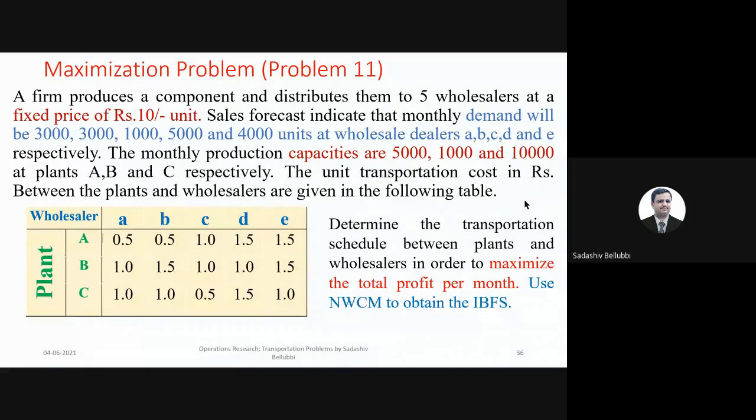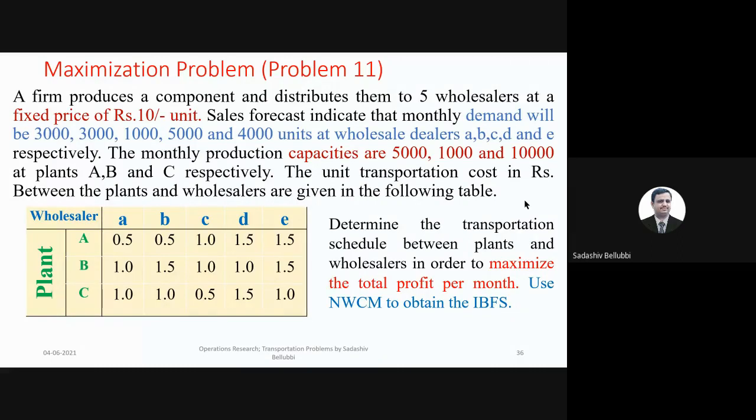But in this problem, there is only one sale price, rupees 10. Sales forecast indicates that monthly demand will be 3,000, 3,000, 1,000, 5,000 and 4,000 units at wholesale dealers A, B, C, D. These are the demands given for the wholesalers.